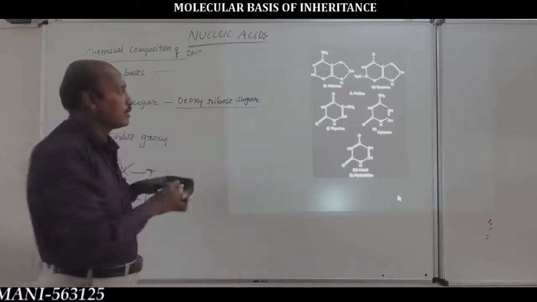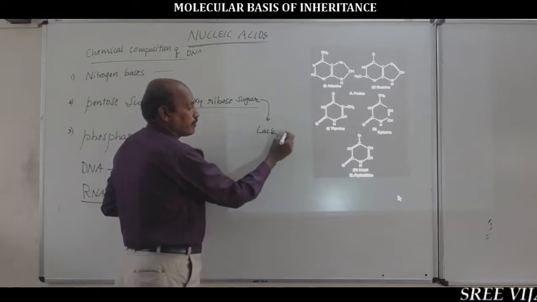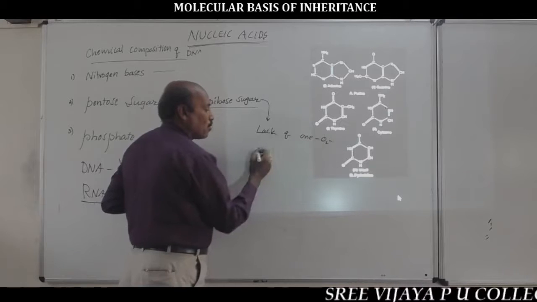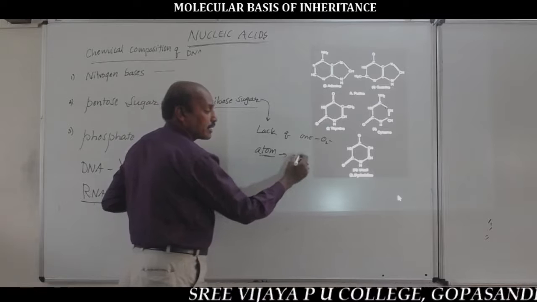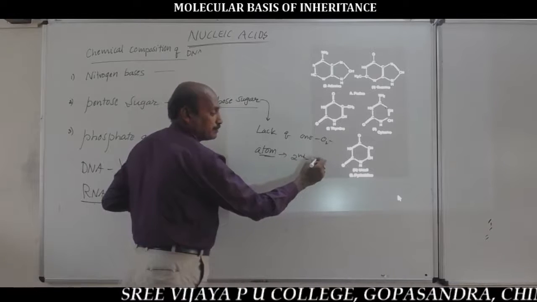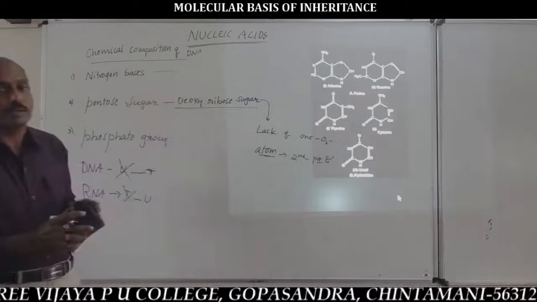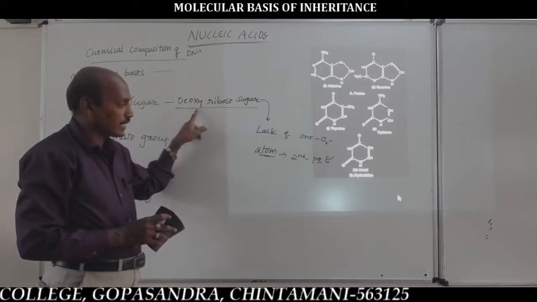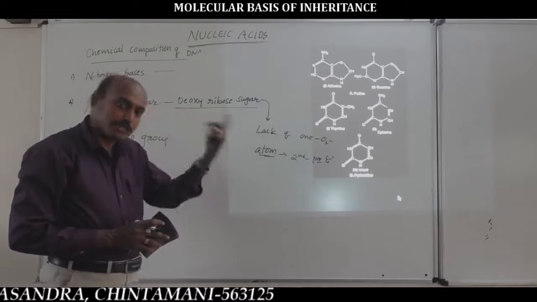Deoxyribose sugar, due to lack of one oxygen atom, one oxygen group, at the second position of carbon. See, 'de' means absent, the oxygen group in the ribose sugar.